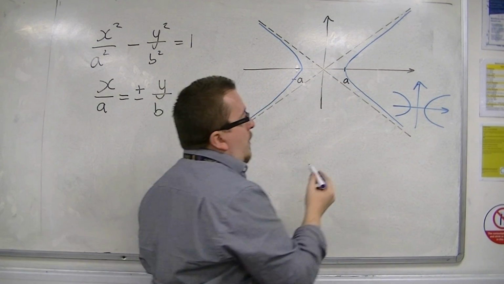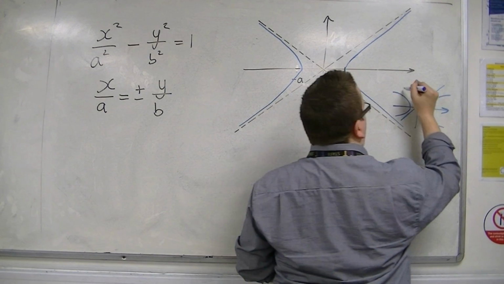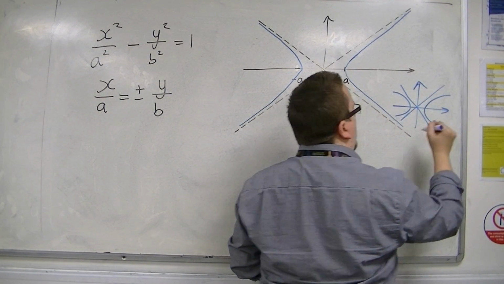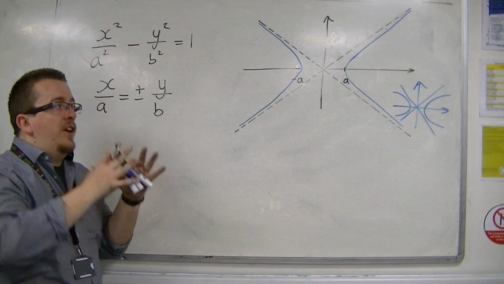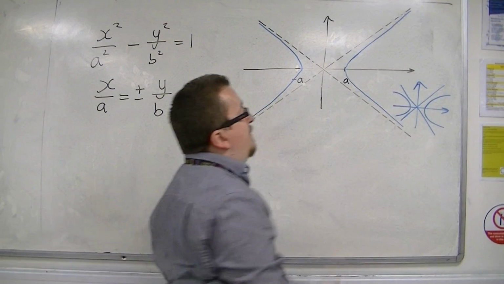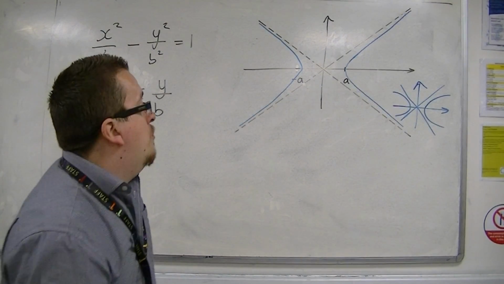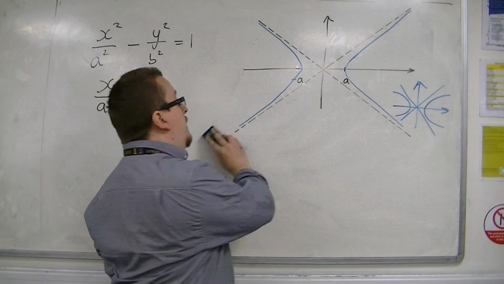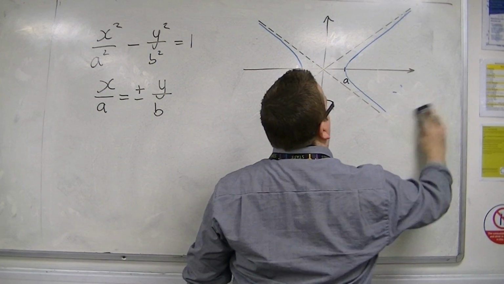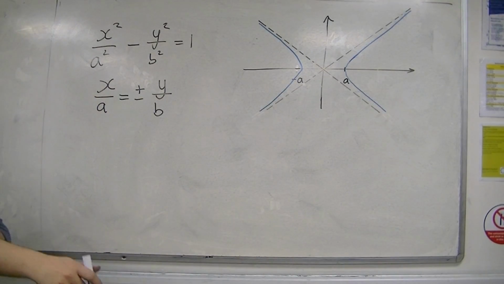But when you then draw on your asymptotes, the curves clearly don't tend towards those lines. Okay, they're veering off in different directions. So it's good practice to try and draw the asymptotes first rather than drawing the curve first, because that can be misleading.